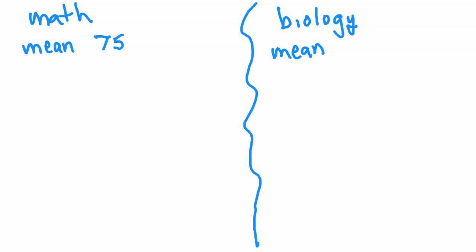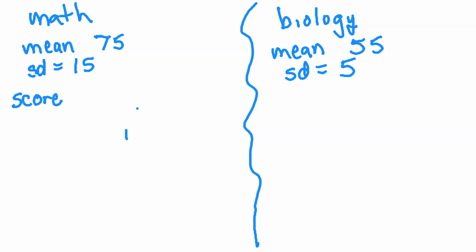All we need to know is the mean and the standard deviation. On the math test, the standard deviation was 15. And in biology, say it was 5. Suppose your score on math was 89 and your score on biology was 60.